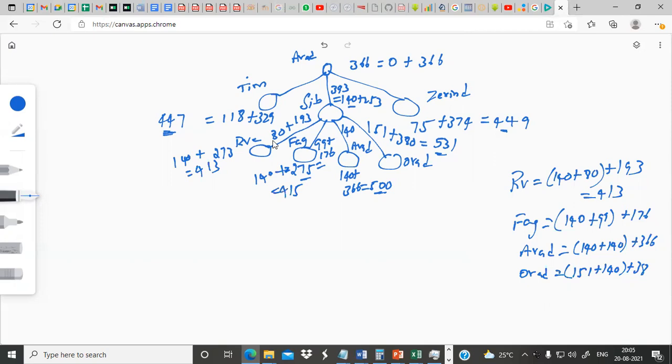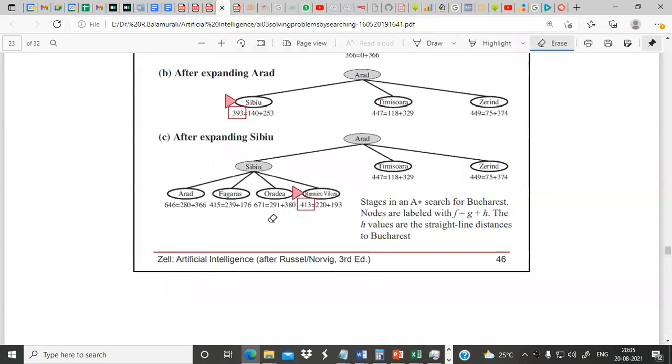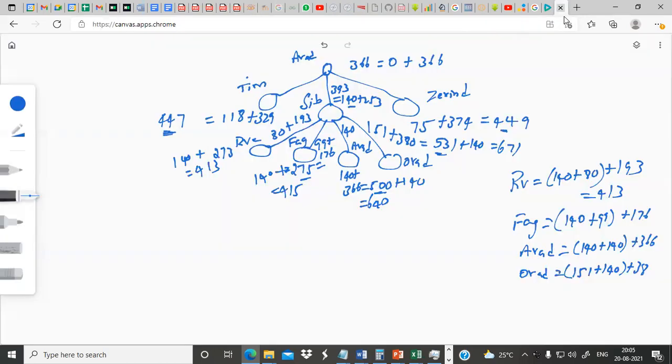This is 500 plus 140, this is 640. 531 plus 140 is 671. So now we can check 413, 415, 640, 671. Yeah, that's how we got these values.